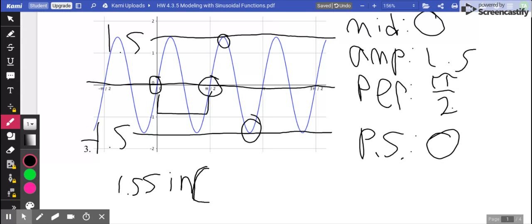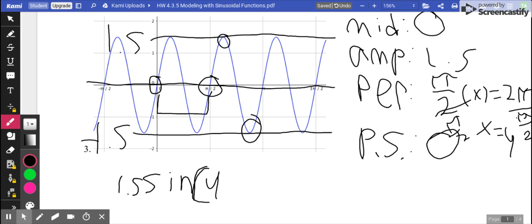So we can go over here, pi over 2, and do that, say, times x equals 2 pi. So if we divide out the pi over 2, we're basically just going to end up with 2 over pi times 2 pi, which is, long story short, going to give us x equals 4.